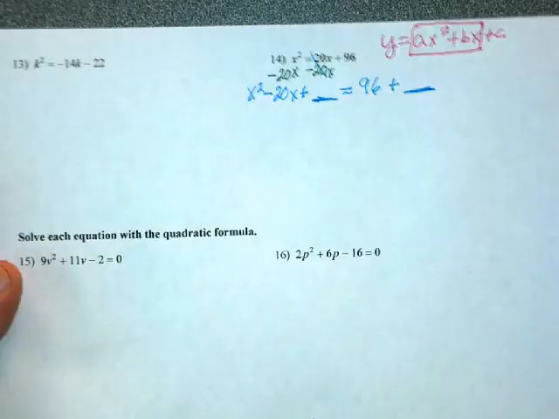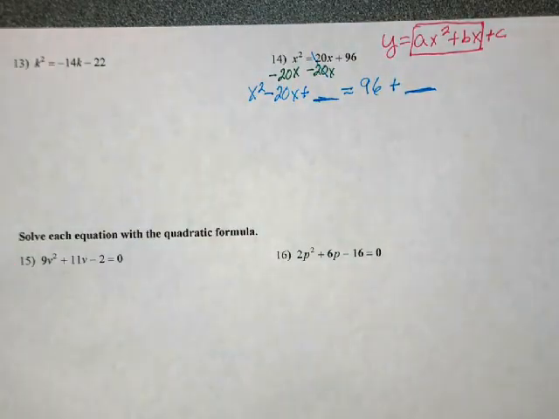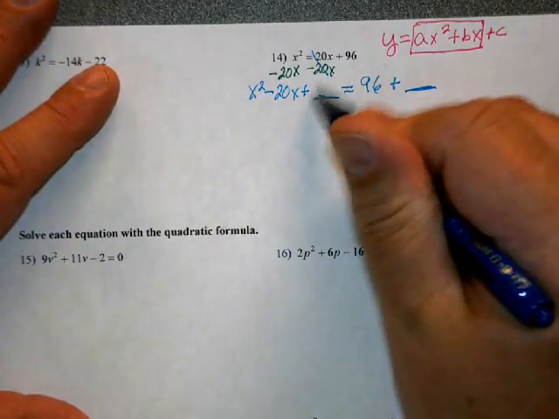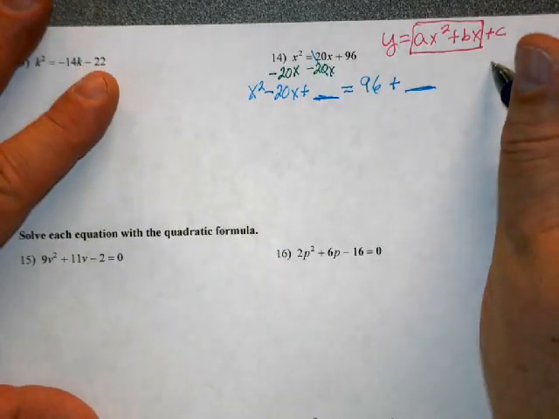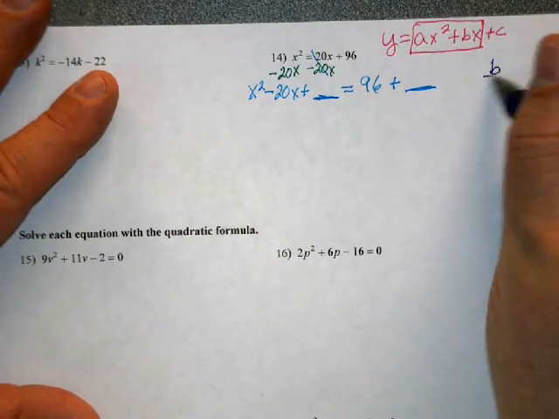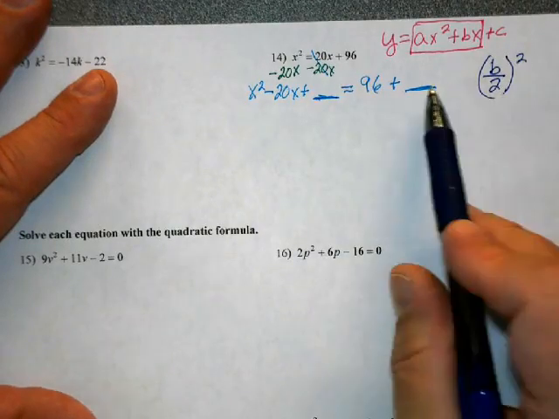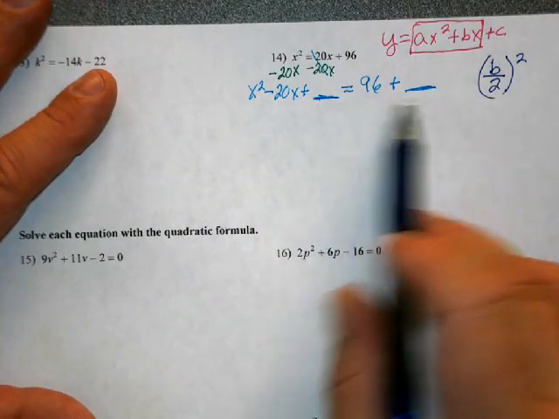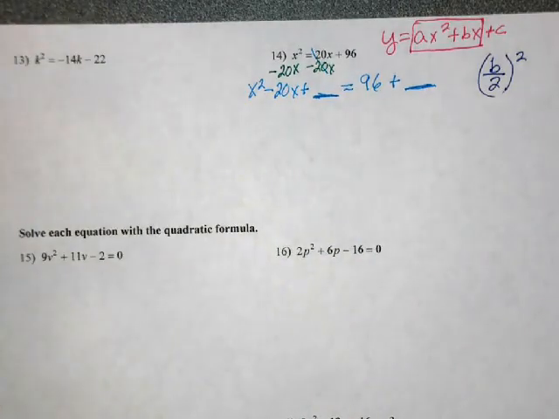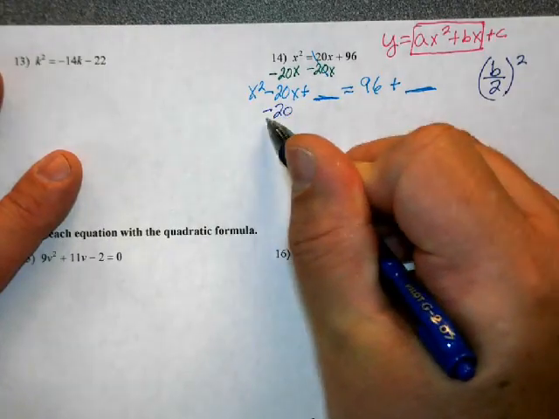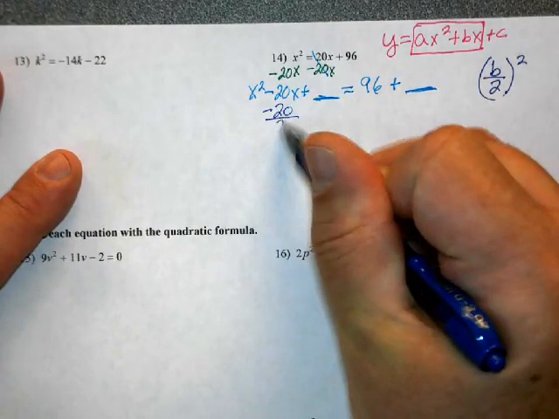The formula for finding that perfect square is you take b, divide it by 2, and then you square it. That's the perfect square we're going to add in these blanks. So I take my b, which is negative 20, divide it by 2, and square it.